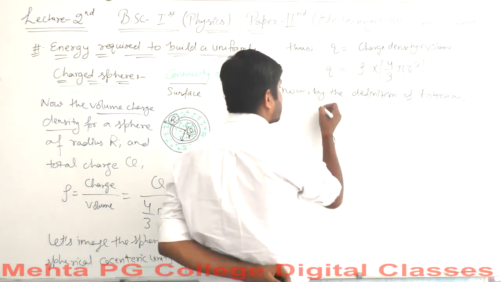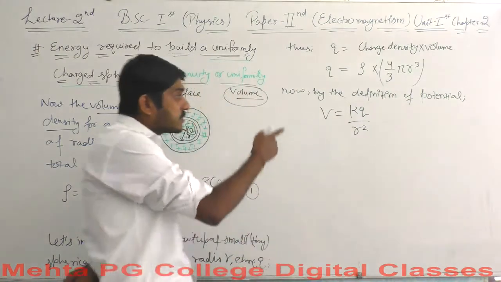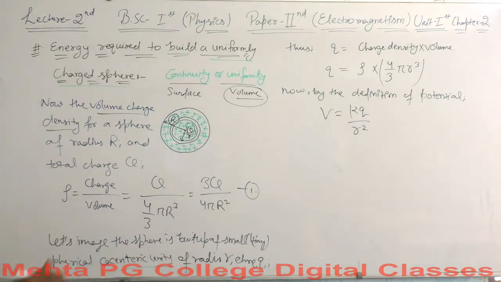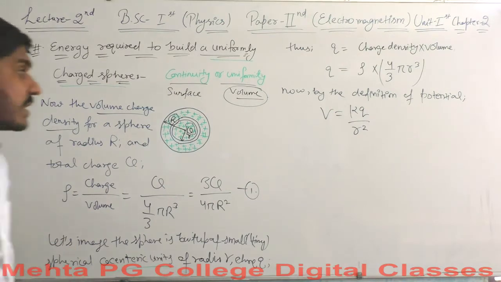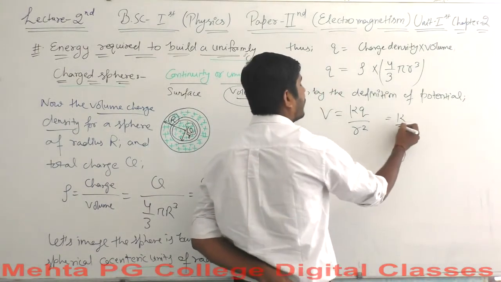The definition of potential: V should be equal to kq over r square. So we will use the value of q here, and we end up with V equals k over r square again.